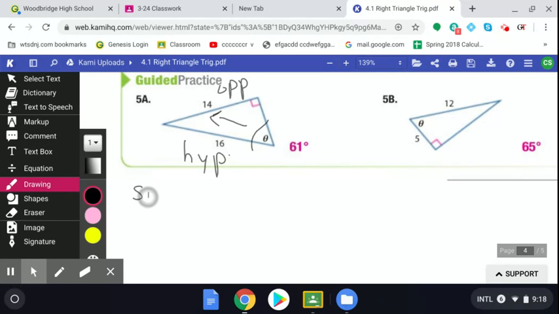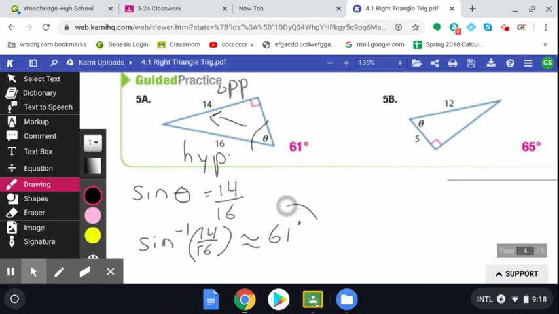I'm going to say that sine theta is equal to opposite, which is 14, over the hypotenuse, which is 16. So at this point, because I'm looking for the angle, I would write inverse sine of 14 over 16. And that should be my 61-degree angle. Okay? Now, you can simplify the fraction or not. It doesn't matter.